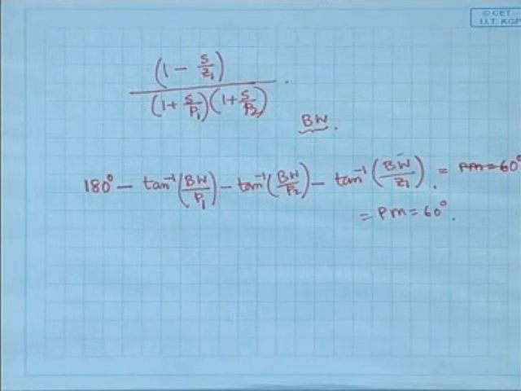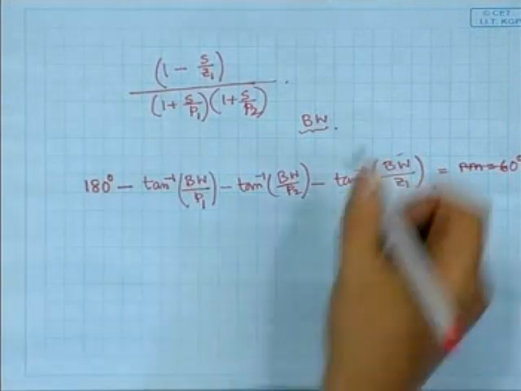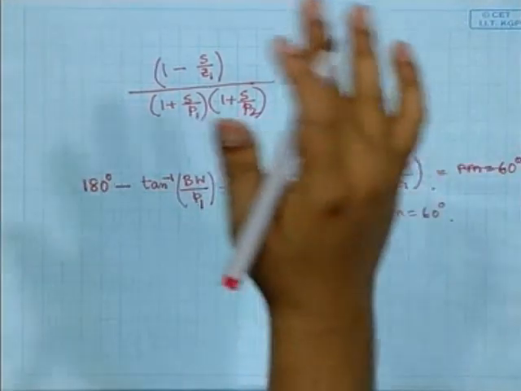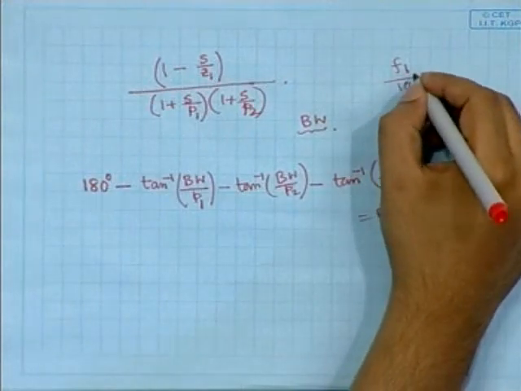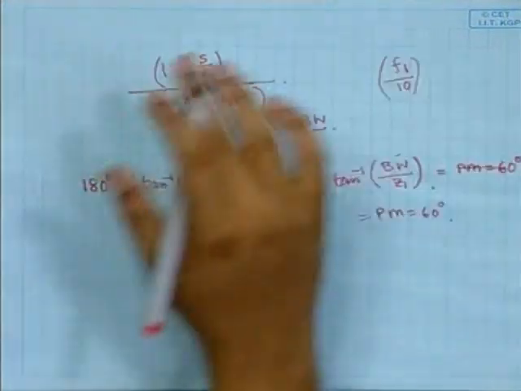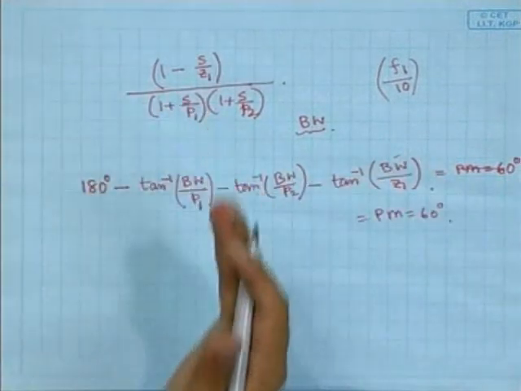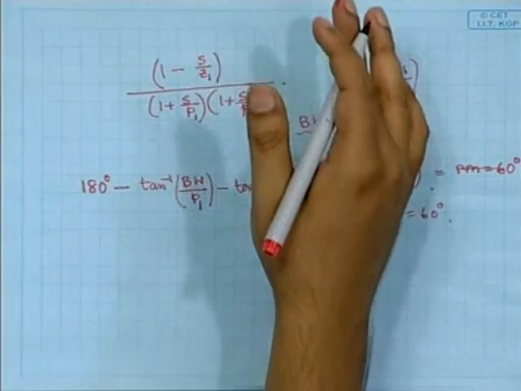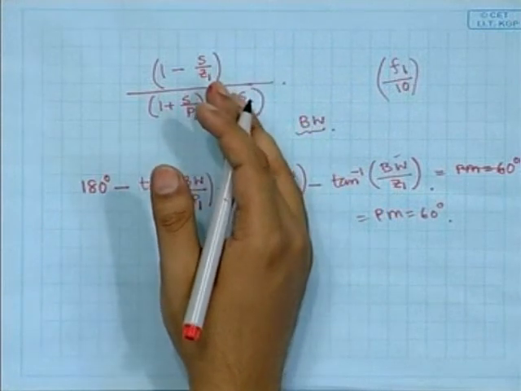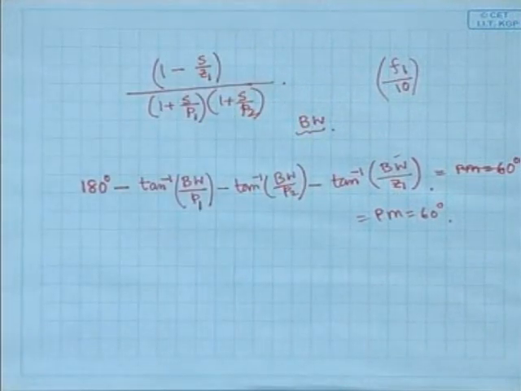Suppose you choose the location of the pole at F1. At about F1 by 10, the phase starts falling and gets some finite value; when the frequency reaches F1, the phase shift is almost 45 degrees, and at almost 10 F1 it provides a 90 degree phase shift.